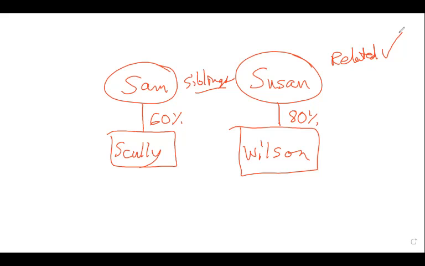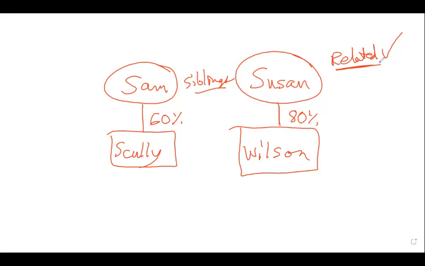So there's different potential scenarios. And of course, in A, it's simply one corp owns or controls the other corp. That one's as simple as it gets. So in this case, we do have related people. Now, if this was it, so Sam owns 60 of Scully, Susan owns 80 of Wilson, if we stopped there, there would be no association.